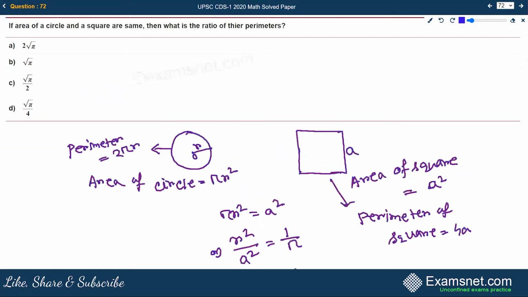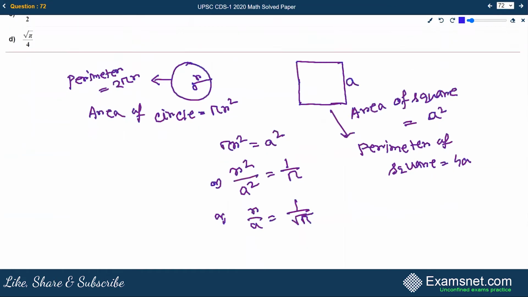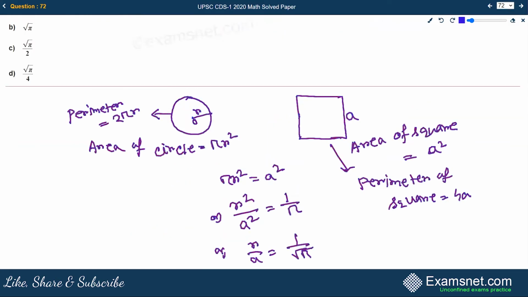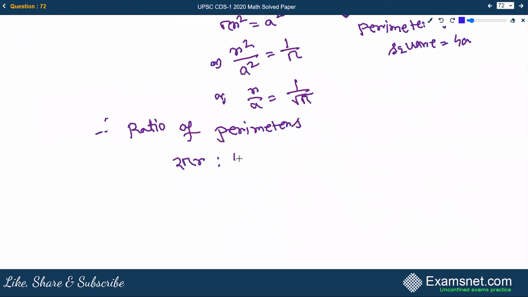So we are required to find the ratio of their perimeters. Therefore, the ratio of perimeters is 2 pi r is to 4a.